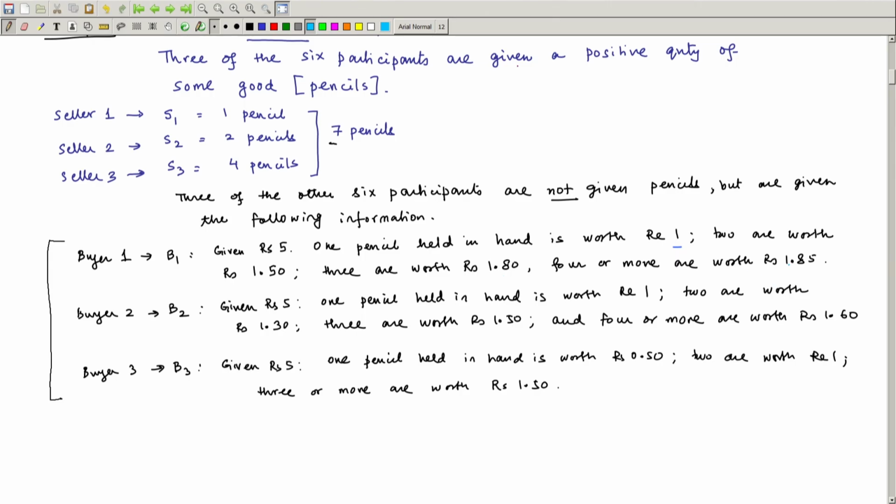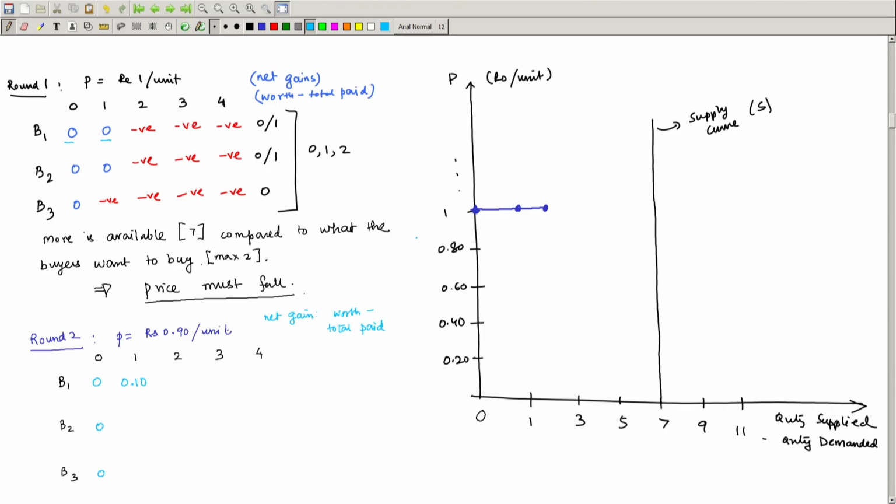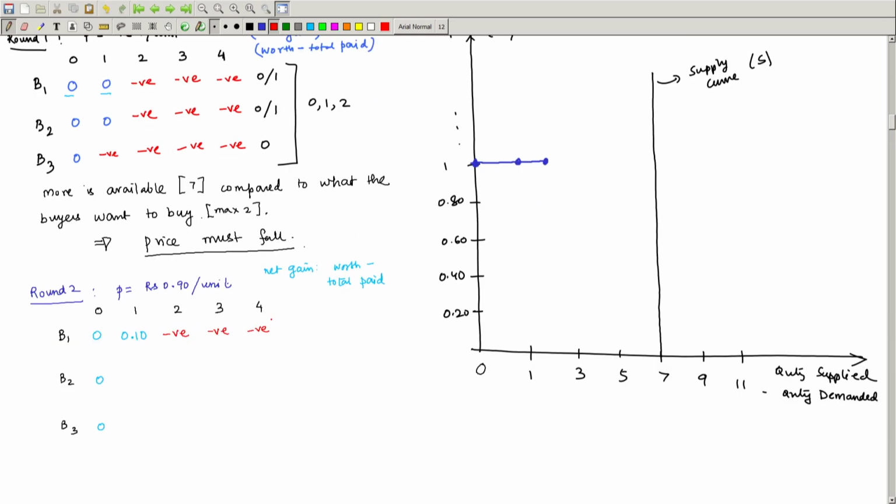And you can very easily check that for 4 or more pencils also his net gain is going to be negative. So, let us capture that information. I am not going to put the numbers here, all I will say is that they are going to be negative. So, as far as buyer 1 is concerned, there is no ambiguity, he is for sure going to buy 1 unit.